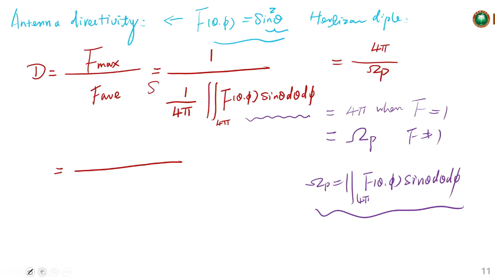S max times R squared, on both sides of it.